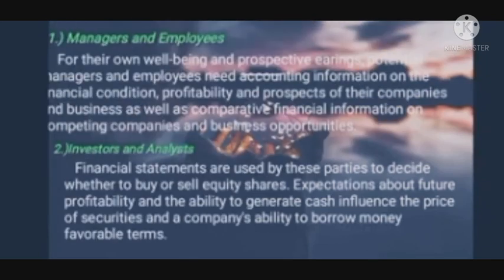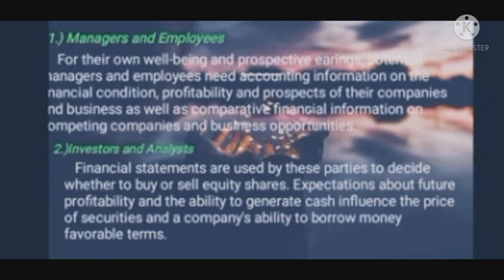First, managers and employees. For their own well-being, the prospective earnings potential, managers and employees need accounting information on the financial condition, profitability, and prospect of their companies as well as comparative financial information on competing companies and business opportunities.